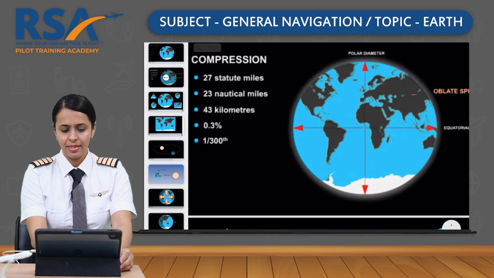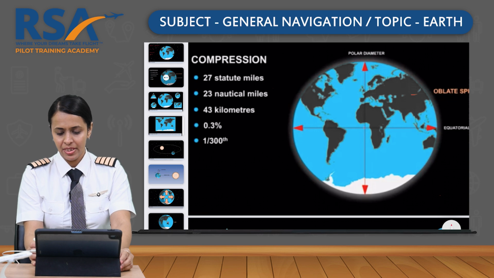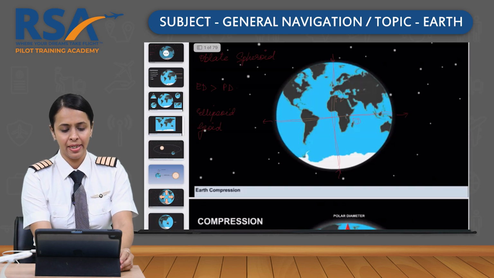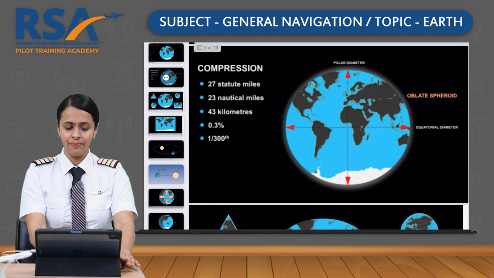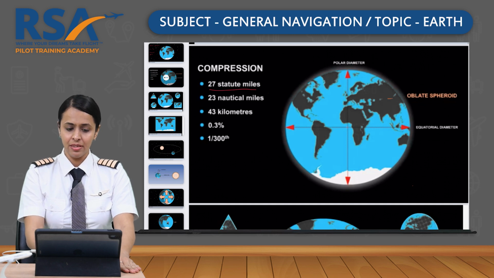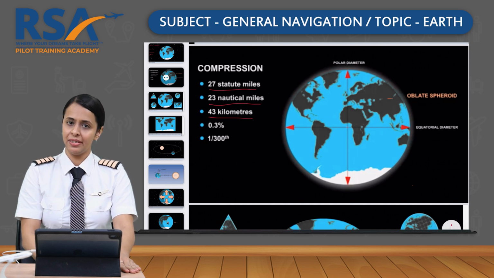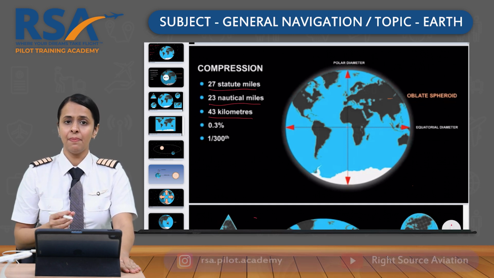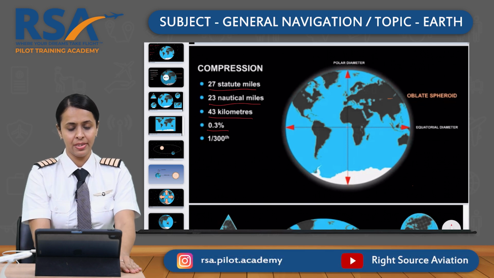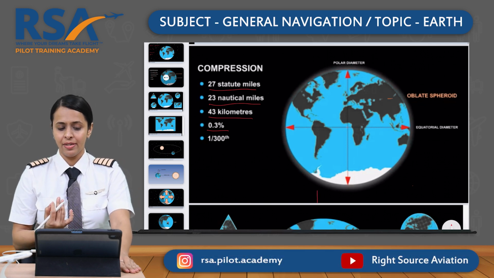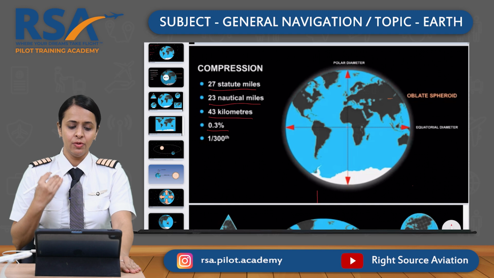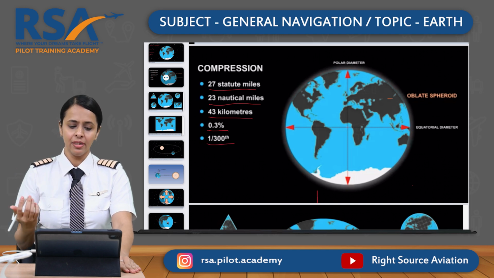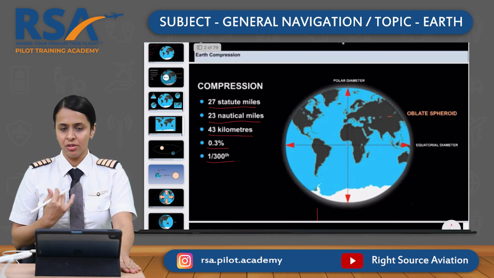In this case the equatorial diameter is greater than the polar diameter by 27 statute miles or 23 nautical miles or 43 kilometers. We can also express it as a percentage, which is 0.3%, and as a ratio, which is 1/300, and we call this the compression ratio.